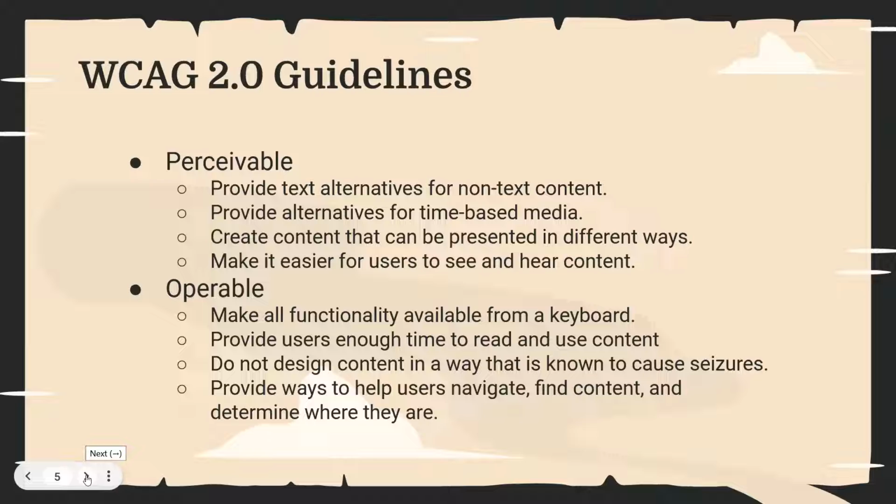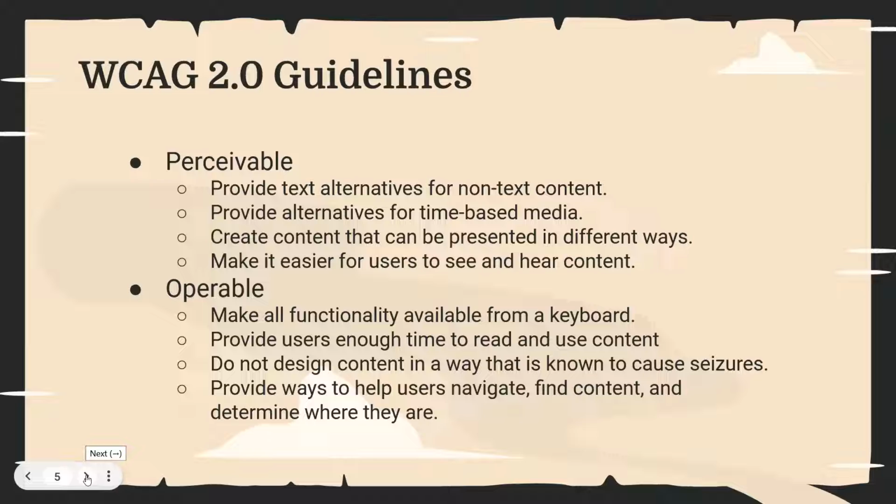Also providing alternatives for time-based media. If you're looking at videos, you want to know the captioning piece of it. Studio obviously captions for you, and you can add those captions. You can also simply provide a transcript as a downloadable file that meets that portion of accessibility.